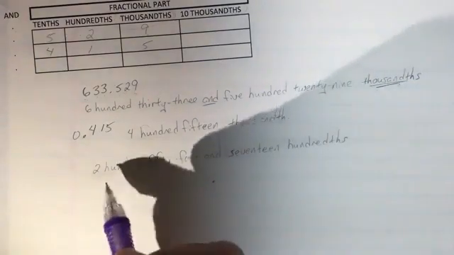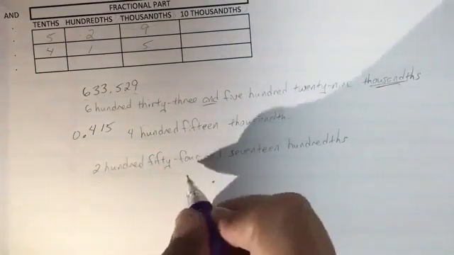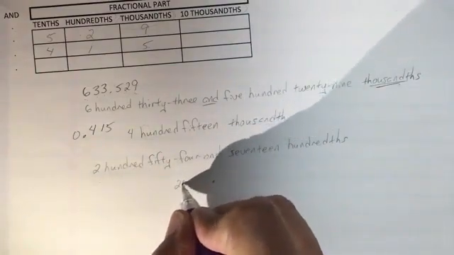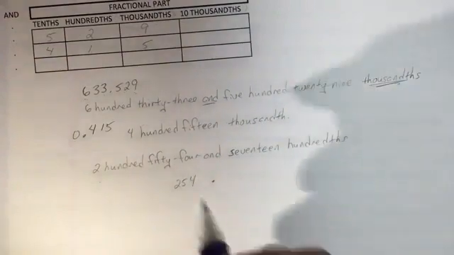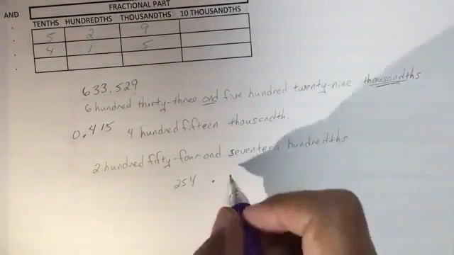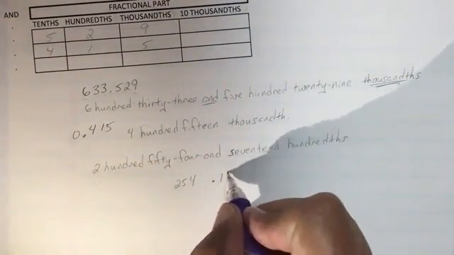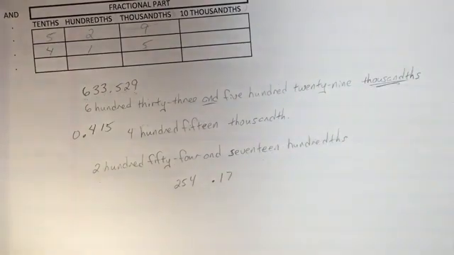So everything to the left is a whole number. So 254, that's 254 decimal 17 hundredths. So 254.17. Okay? Hopefully this isn't too terrible.